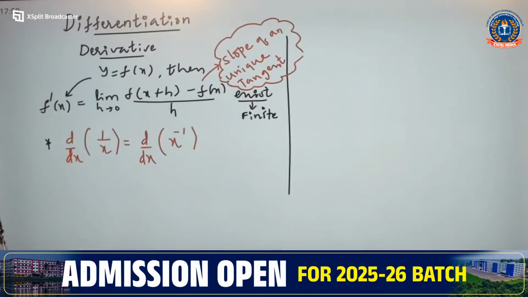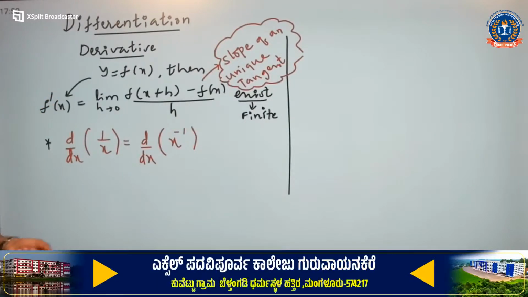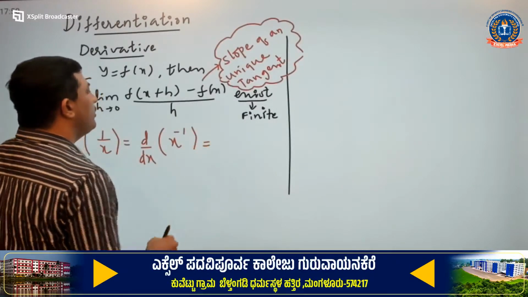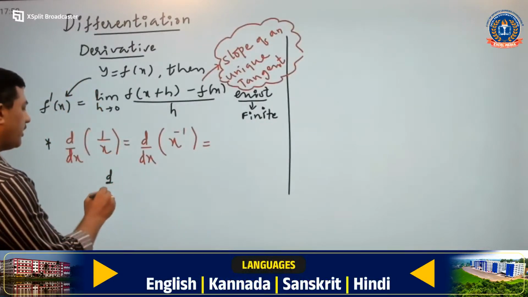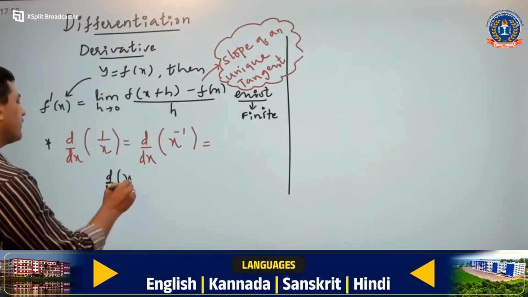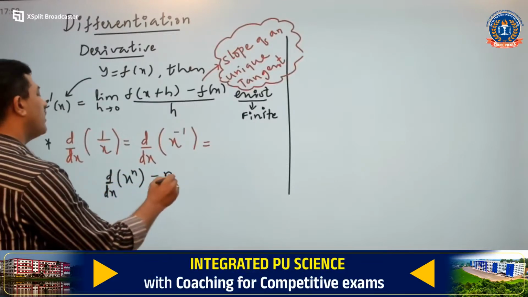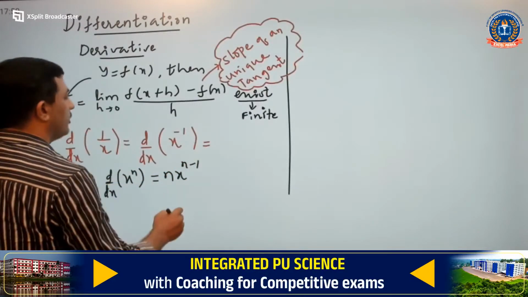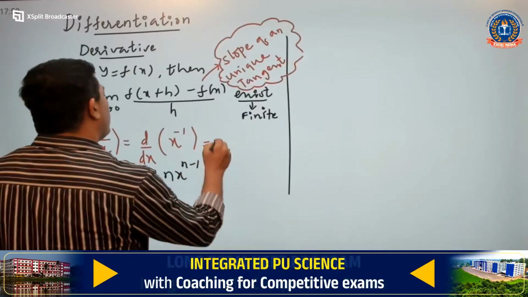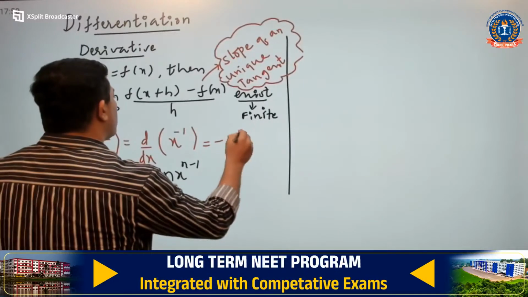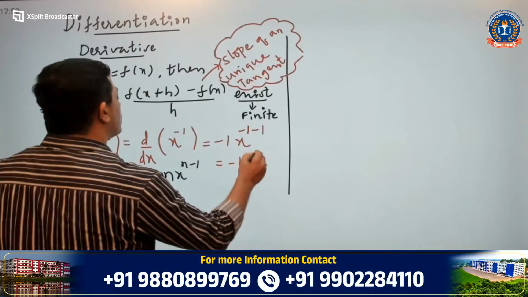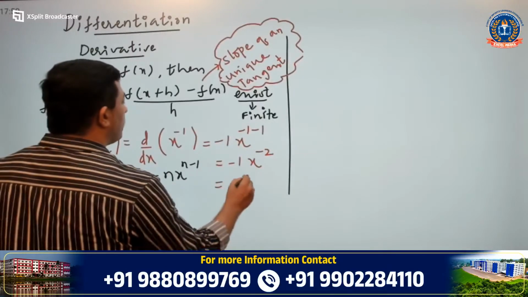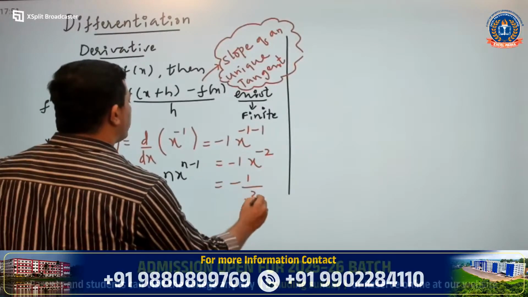We took the numerator along earlier. So automatically we follow the same formula which we already applied, that is d by dx of x raised to n is n into x raised to n minus 1. The same formula will apply, minus 1 x raised to minus 1 minus 1. So it is minus 1 x raised to minus 2, it's minus 1 divided by x square.